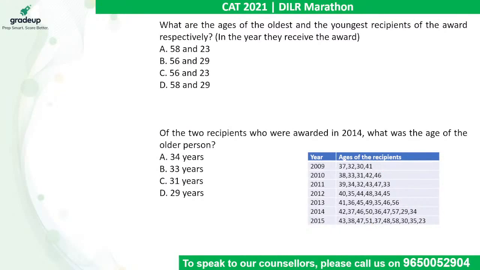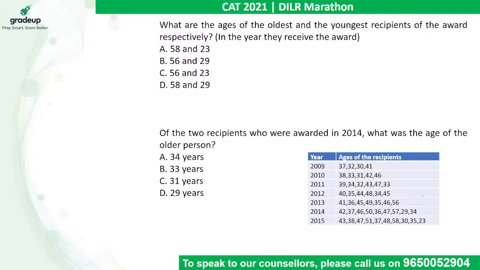What are the ages of the oldest and the youngest recipients of the award respectively in the year they received the award? ठीक है, you have to find the oldest and the youngest person based on the year they received, right? ऐसा नहीं कि उसने कभी प्राइज जीत लिया अब उसकी एज बढ़ गई, नहीं, जिस साल में उन्हें मिला था you have to count that, you have to tell that age, right?